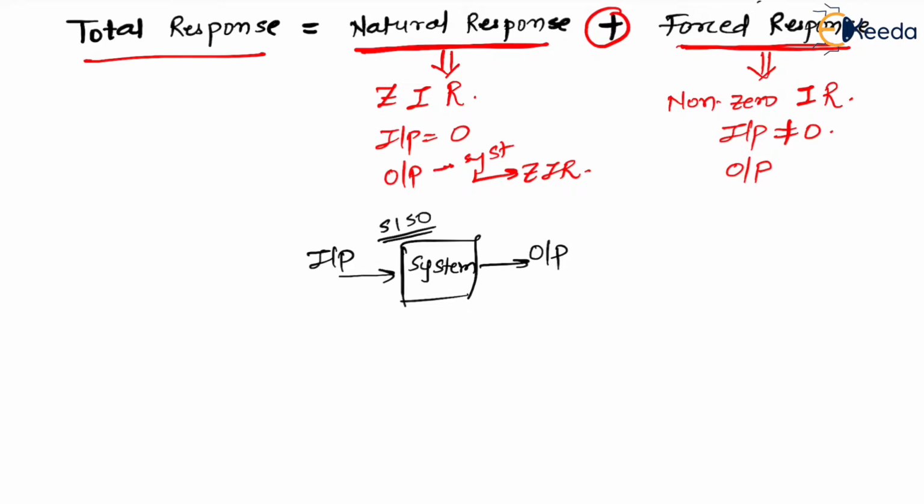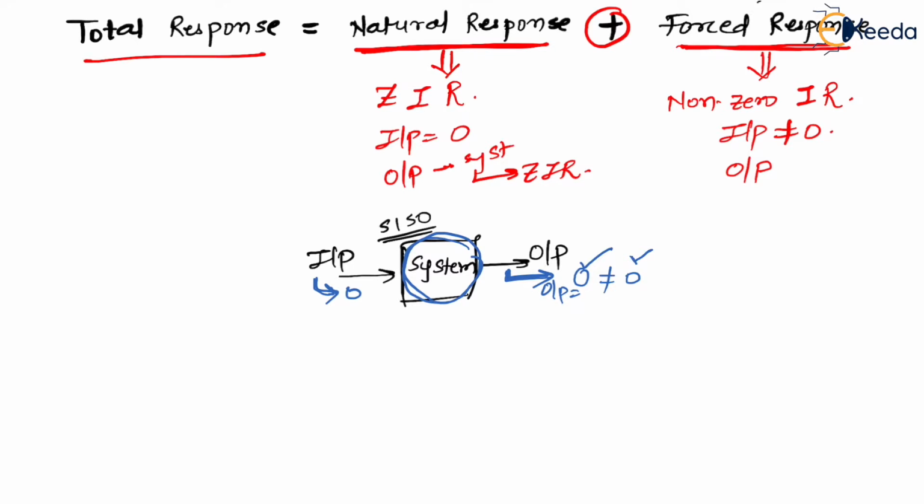If my input is 0, you may say, sir, but the input is 0, how can there be an output? Yes, but whatever is the output when your input is 0, it may be 0 or it may not be 0. That completely depends on the internal characteristics of the system.